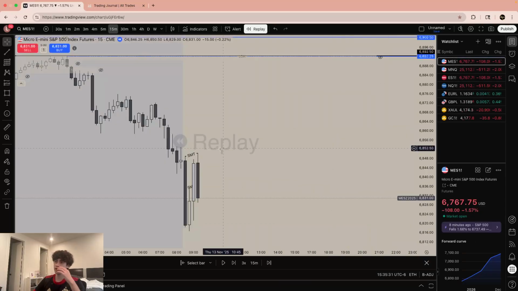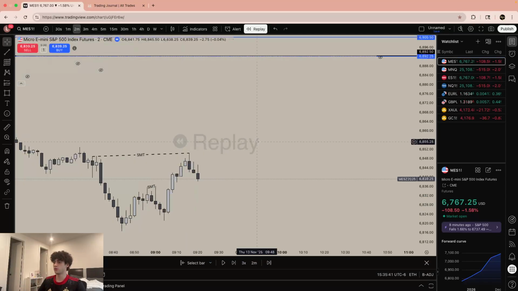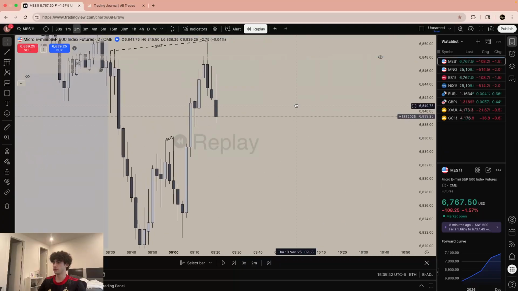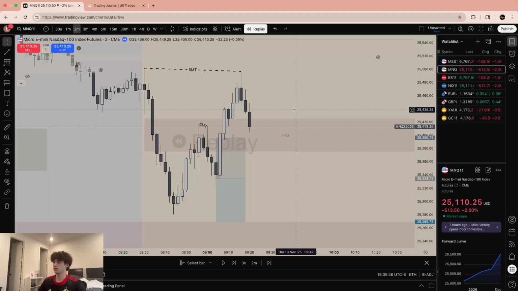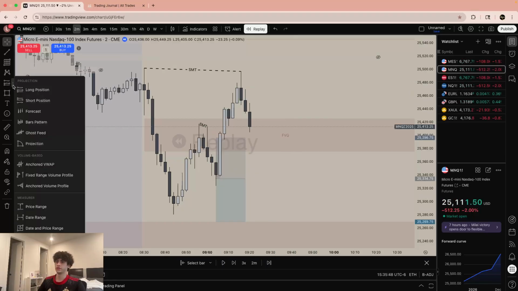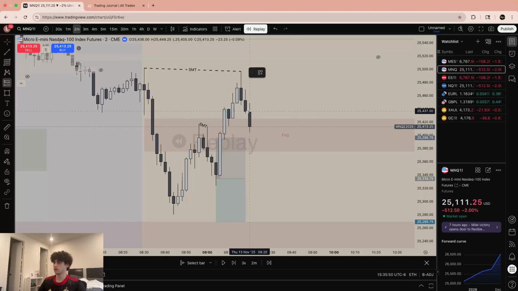But I didn't actually spot it at the time, and also I'm trying to only take one trade per day. But there was a good opportunity to re-enter here off of this 2-minute inversion, right about here, especially on NQ, which you would have just entered here short.